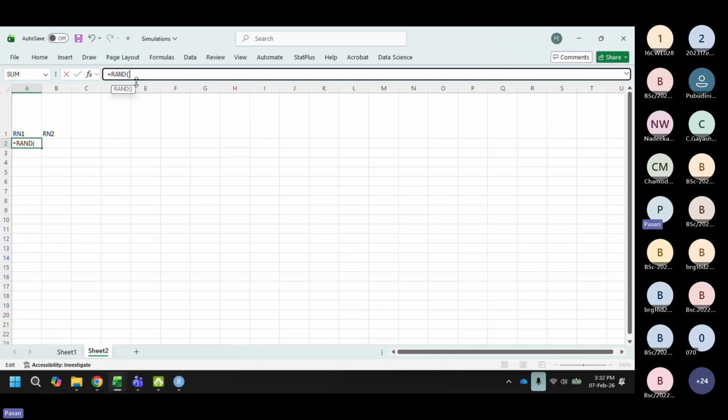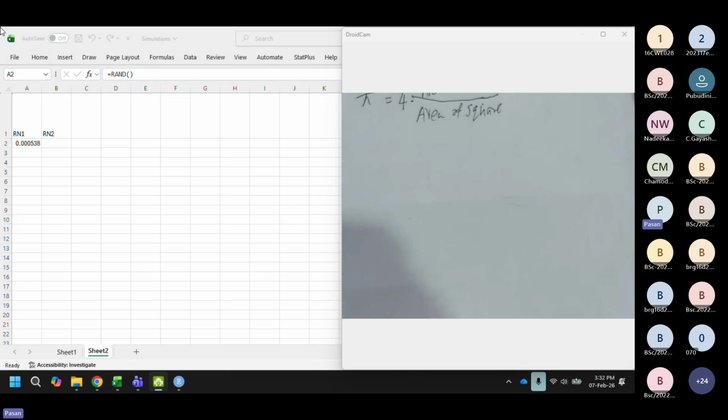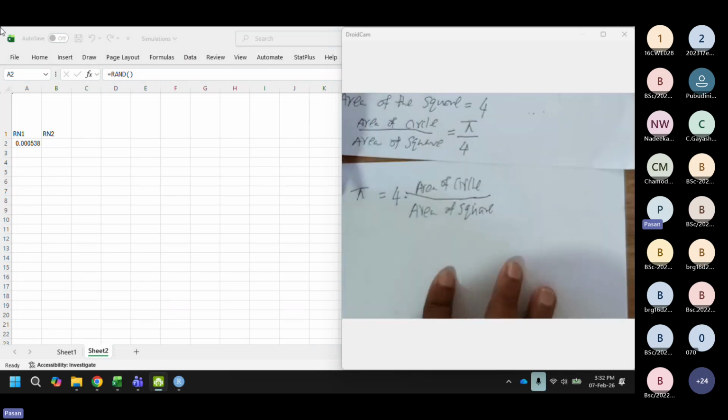So it's going to give me the random number between 0 and 1.